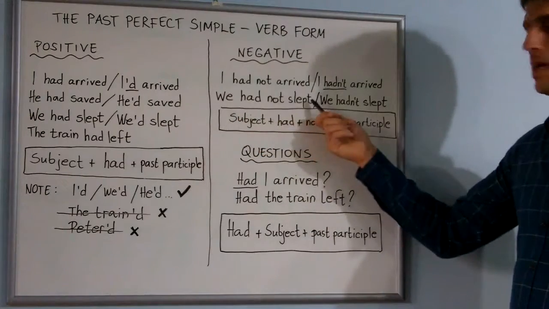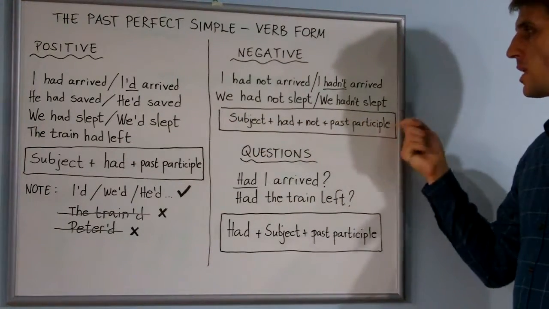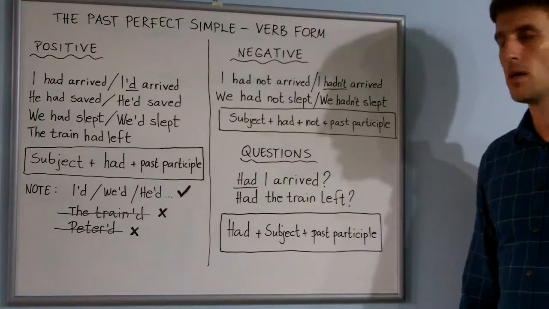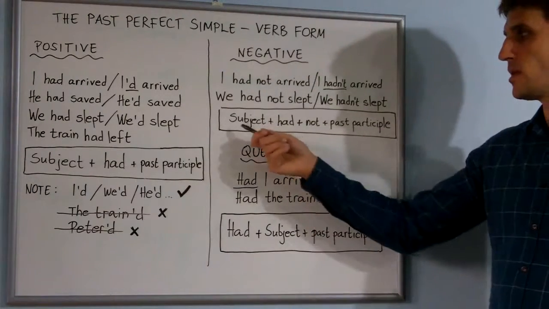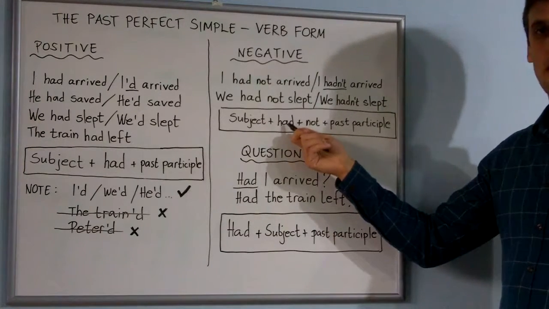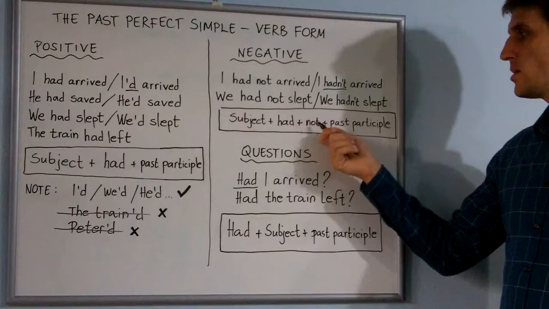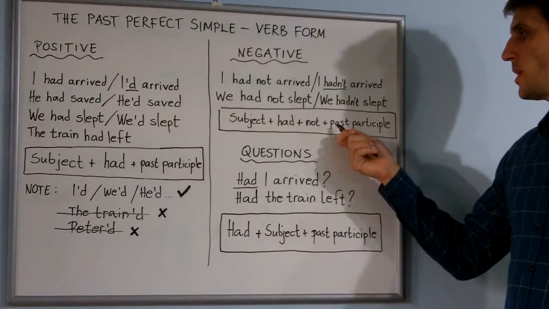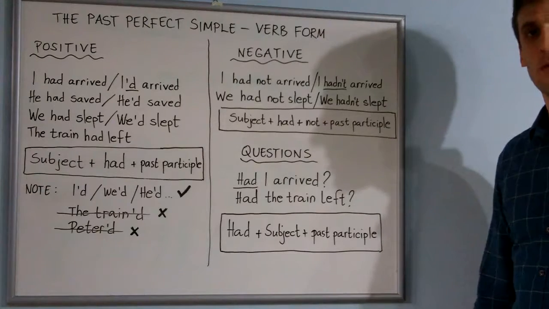We had not slept or we hadn't slept. To form a negative sentence, we begin it with a subject, then we add had and not, and we finish it with the past participle of a verb.